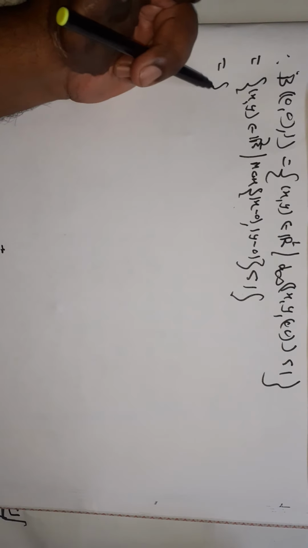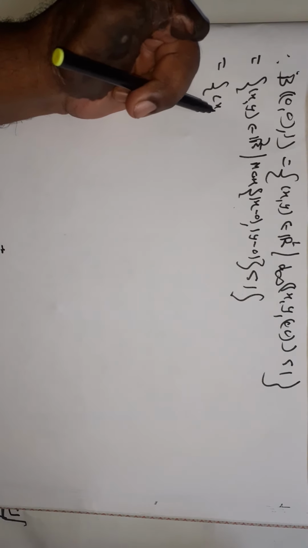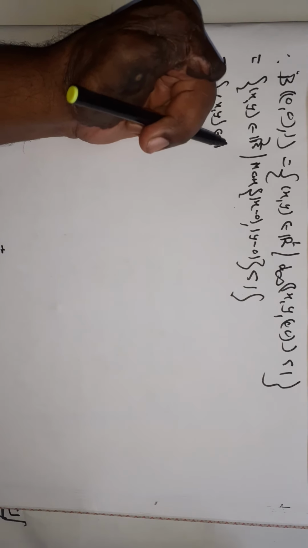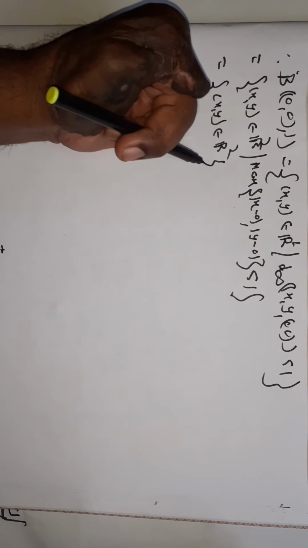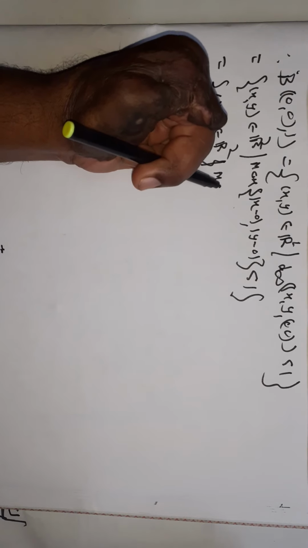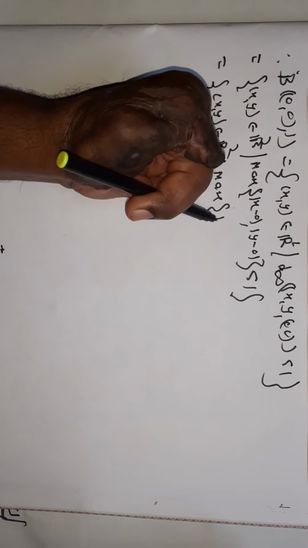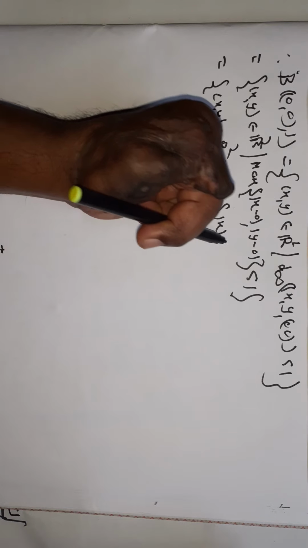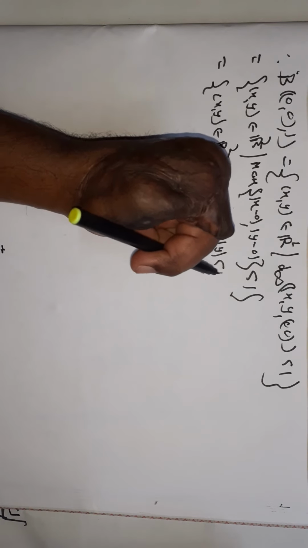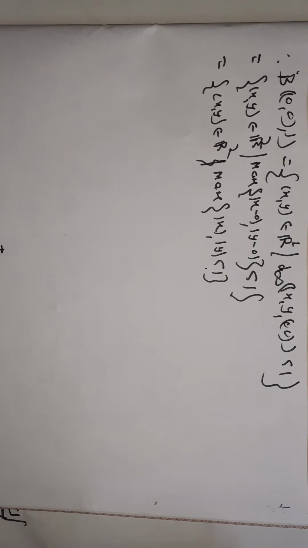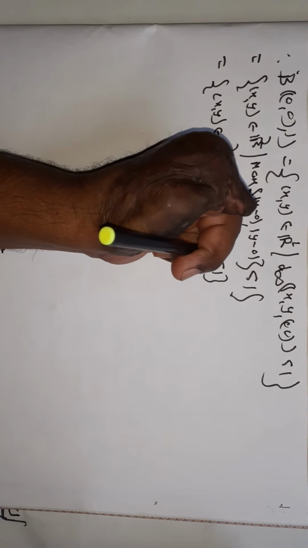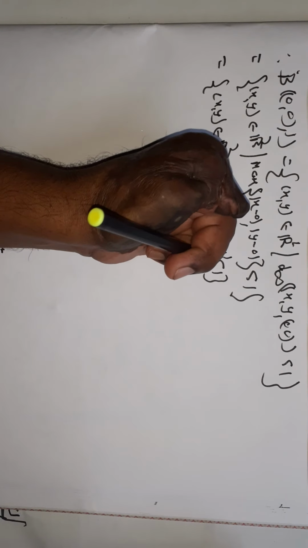It is the set of x, y belonging to R2 such that the maximum of the set mod of x, mod of y is less than 1. Therefore, this is the ball centered at 0, 0 and radius 1.